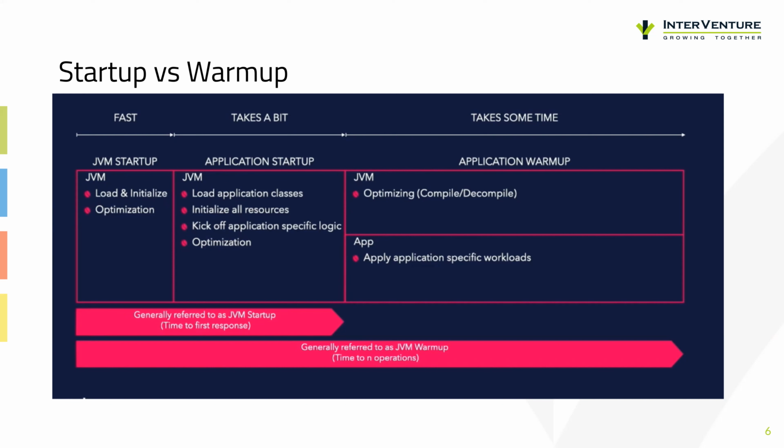It performs this execution cycle, and the app itself can apply some specific workloads, to, let's say, fill in some caches or fetch some external data, etc. And the time span of all this is typically referred to as time to peak operations. So without CRaC, this startup time is always the same across multiple runs.